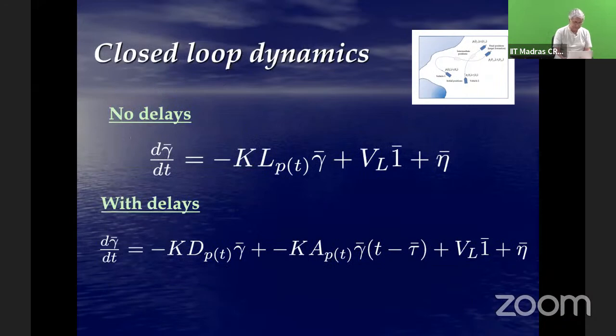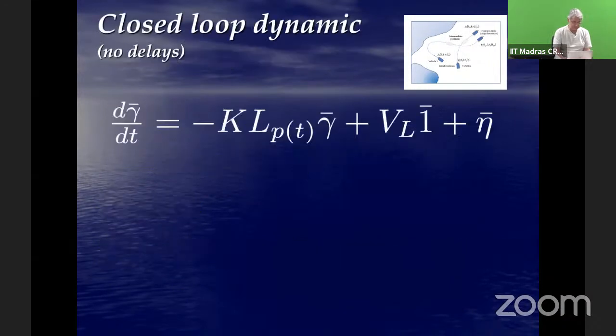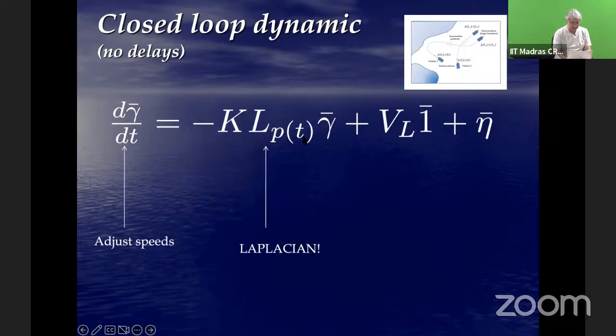All right. So when you do this, in compressed notation, this is what you get. This is your control law here. This is the nominal speed, and this you have to analyze further. Now, what is very interesting is that when the vehicles are progressing, you are telling the vehicles to adjust their speeds according to the Laplacian.